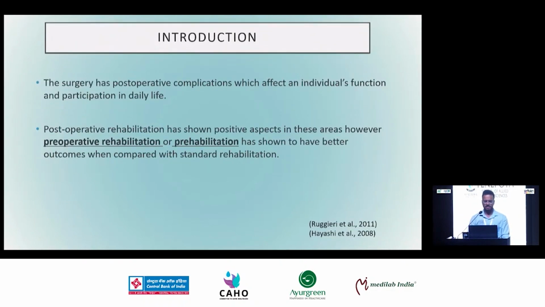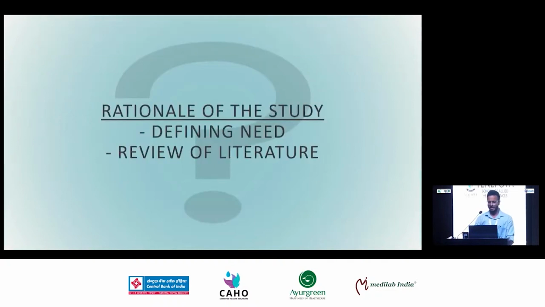However, the surgeries have some post-operative complications in the aspects of individual functions and participation in daily life. Post-operative rehabilitation has shown positive outcomes in these areas, but when combined with pre-operative rehabilitation or prehabilitation, the outcomes were much better. So why did we need to do this study and what literature did we review?